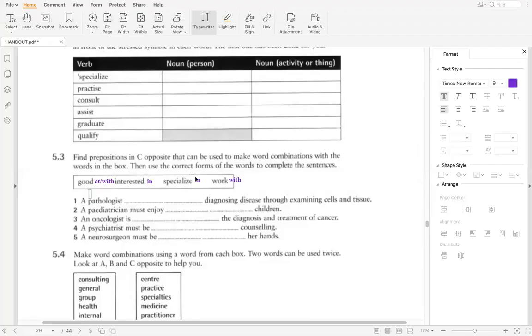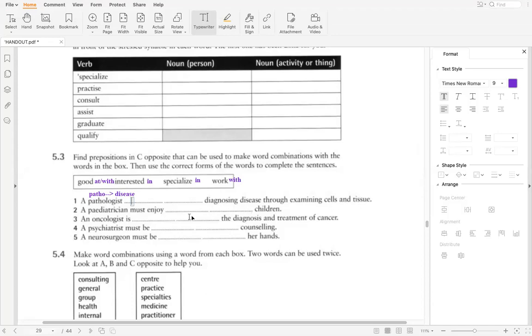With a pathologist, we said that patho means disease. So a pathologist, what? Diagnosing disease through examining cells and tissue.